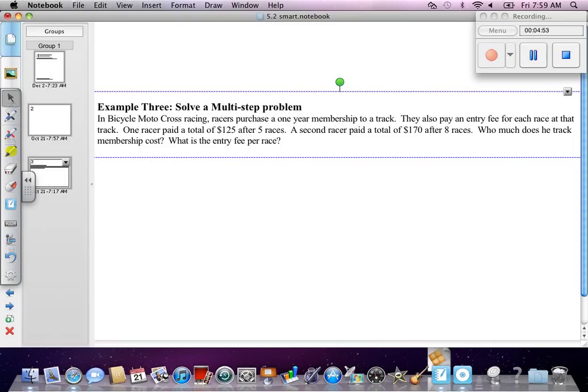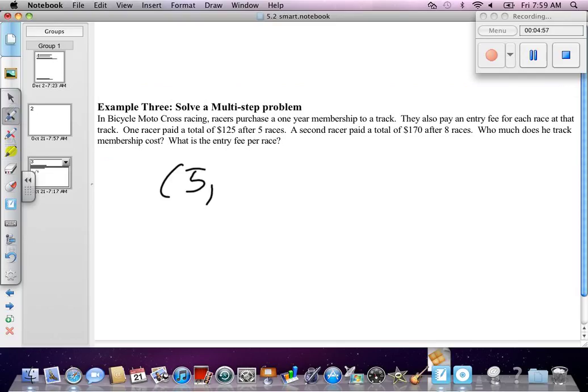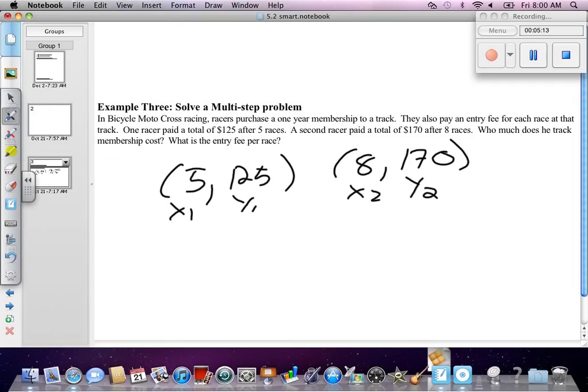So we've got 2 points, okay? We've got 5 races, $125, and we've got 8 races, $170. And then this is just like the last 2 problems that we did, the one on the board and the one you did on your own. We're going to label it x1, y1, x2, y2. Then we say y2 minus y1 over x2 minus x1.